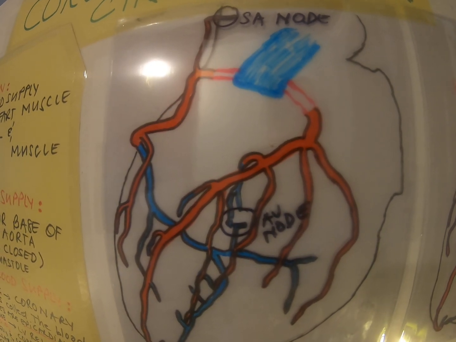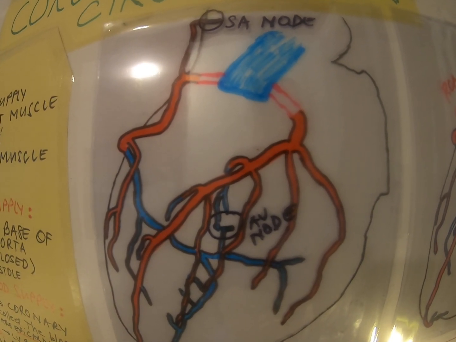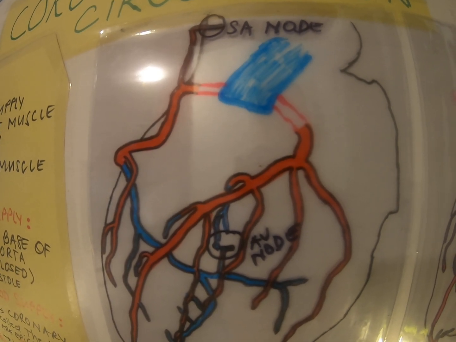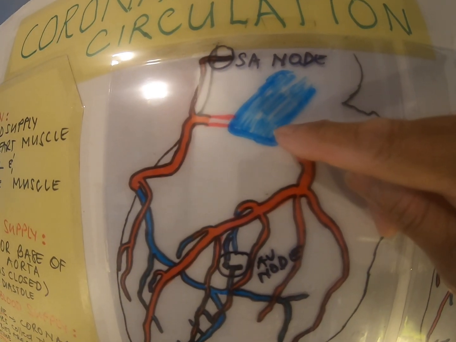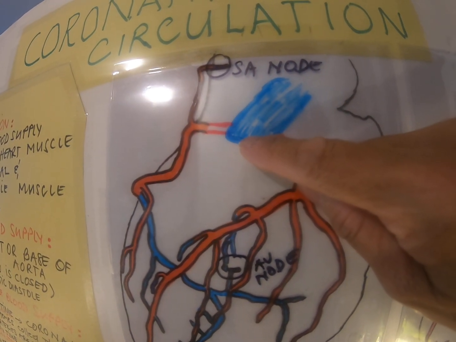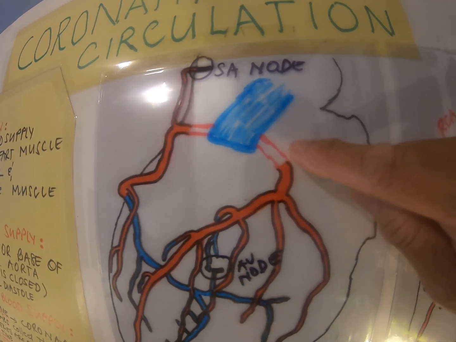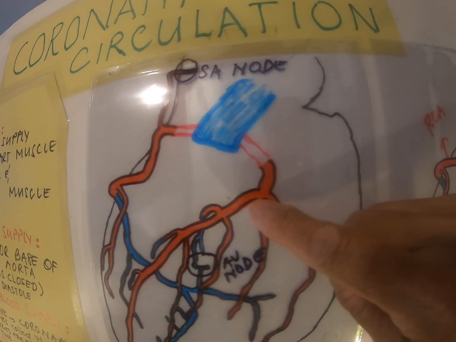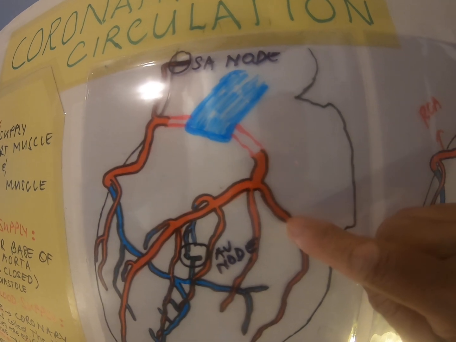Okay. So how will we start our circulation here? If we start the circulation, the aortic valve closes. Now the coronary artery, the right coronary artery, collects blood from the aortic base or the aortic root. So with the left coronary artery in here, this is the left main that divides into the left anterior descending artery and the circumflex.